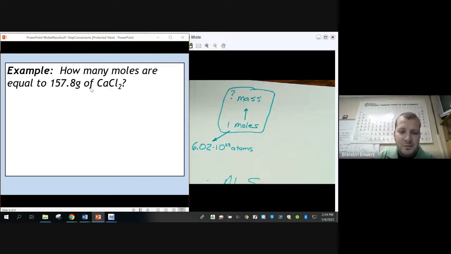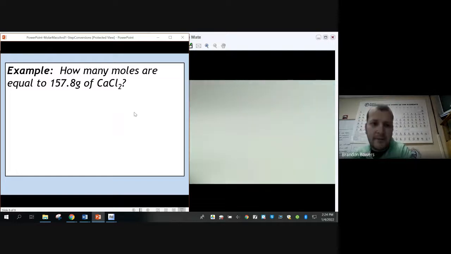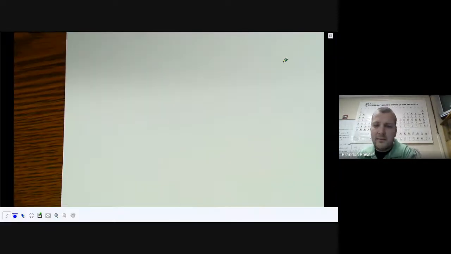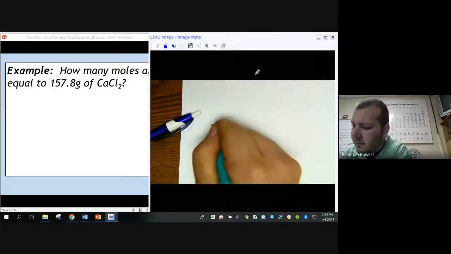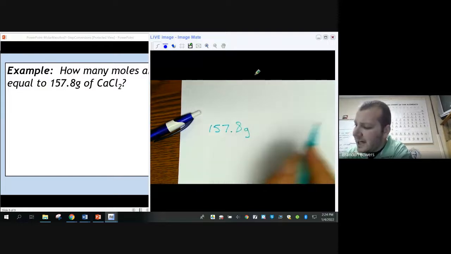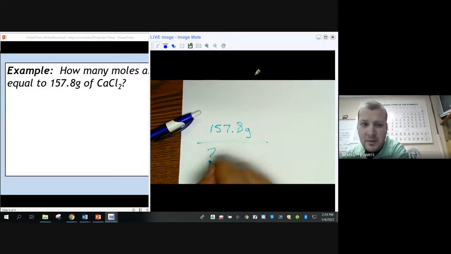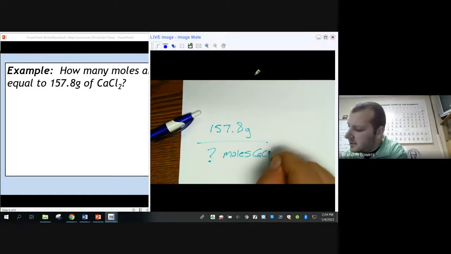Try this one out. If you want to pause the video, go ahead and do so, but I'm going to work it out here real quick. I have 157.8 grams. That's my mass. How many moles of CaCl2?